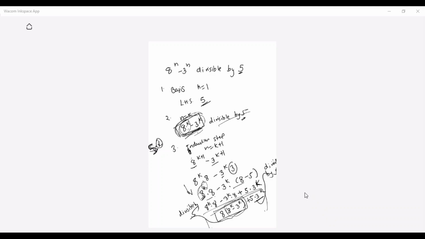Okay, done. So what I'm doing here, students, I'm going to give you one homework and you'll be solving it. Write down this: n cube minus n is divisible by 3.